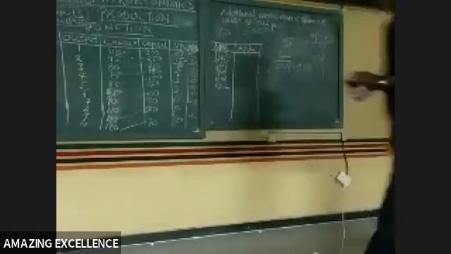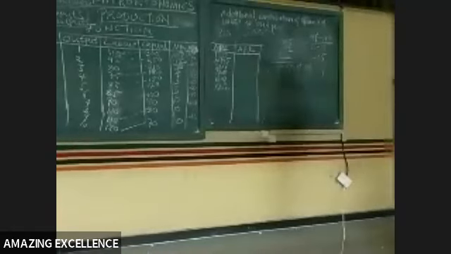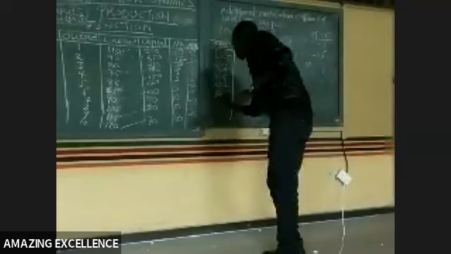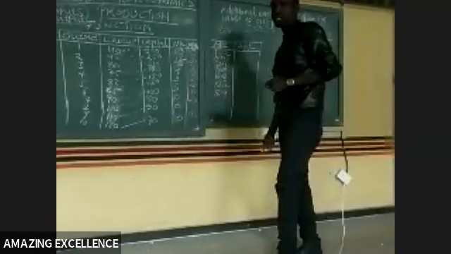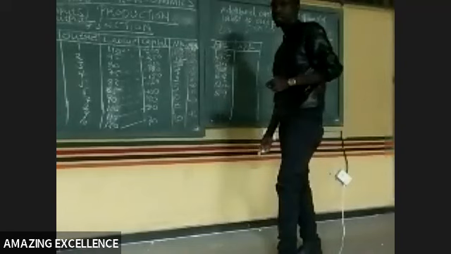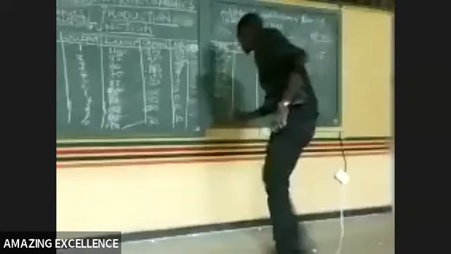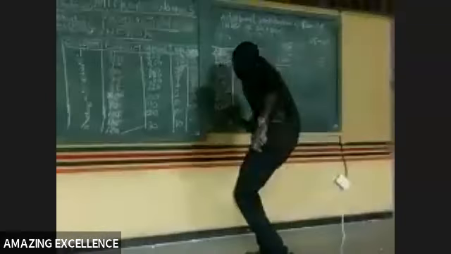Then the next one is 90 divided by 7. We are dividing labor by the output. 90 divided by 7 is 12.9. Then 100 divided by 8 is 12.5.